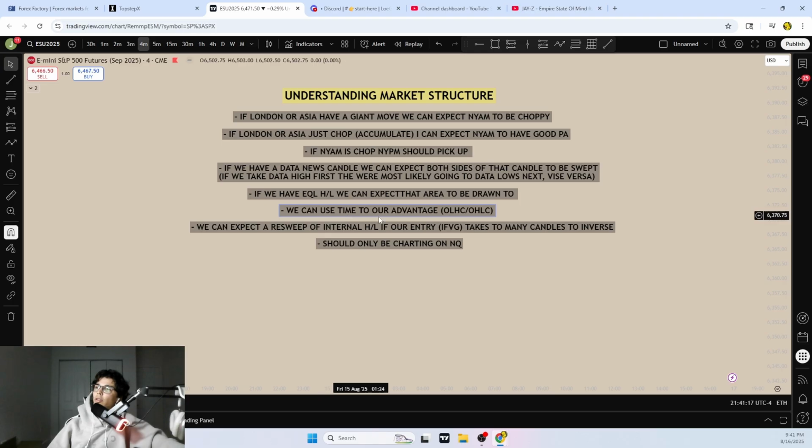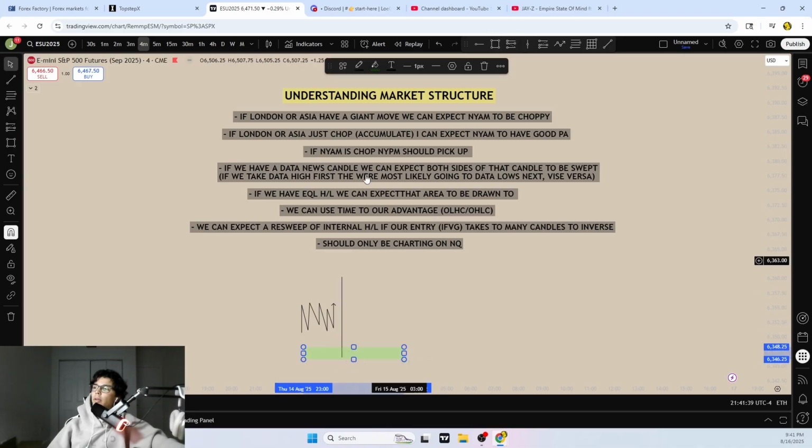We can use time to our advantage, right? And we've talked about this prior: open low, high close; open high, low close. So let's say 10 a.m. opens up right here. Okay, what are we doing before 10 a.m.? We're chopping, right? We're kind of in this chop zone. And what's below us? Well, we have an unfilled, let's call it a 15-minute fair value gap.